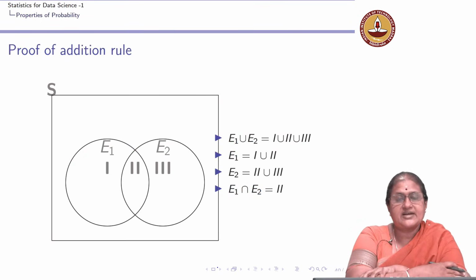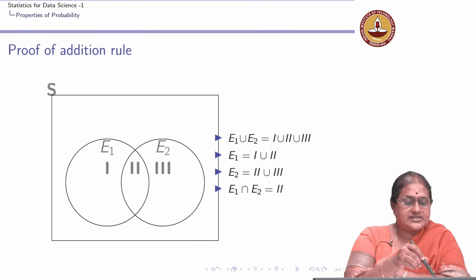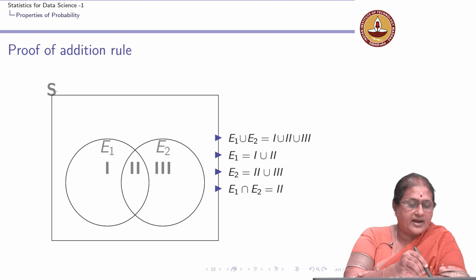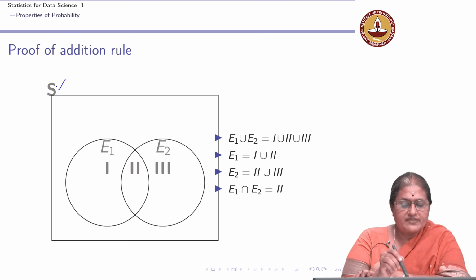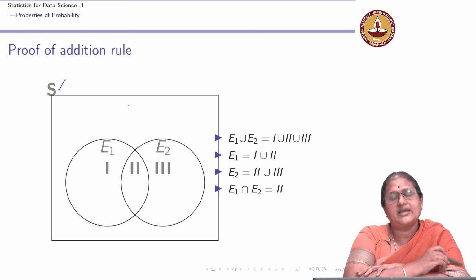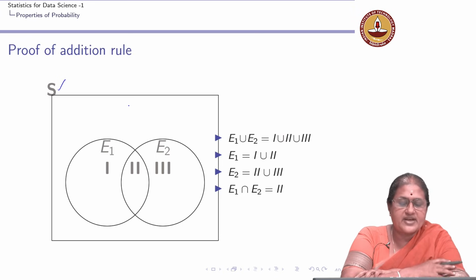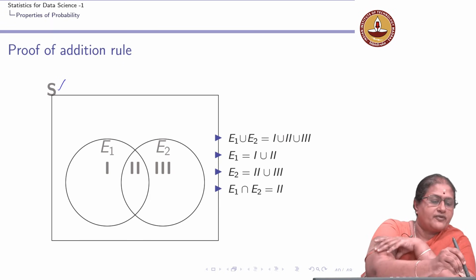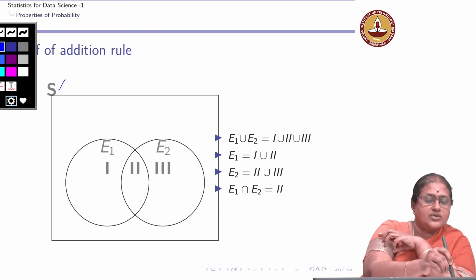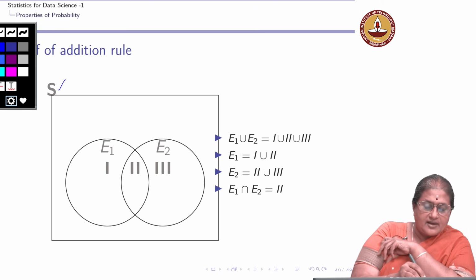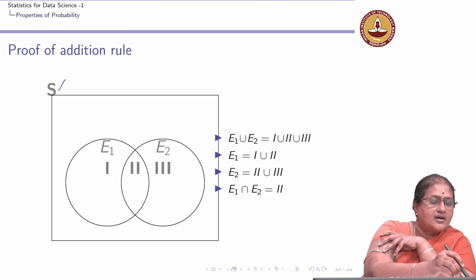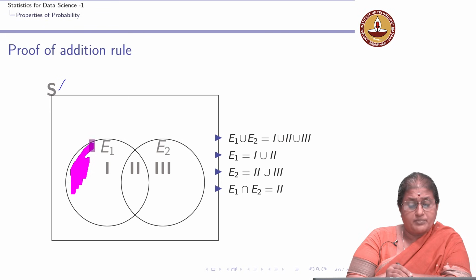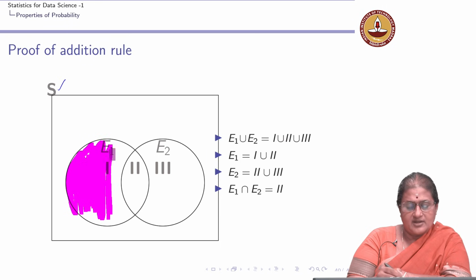We represent this. I have an experiment, I have a sample space. We saw that we can represent the events and the sample space using a Venn diagram. The purple circle is my E1.